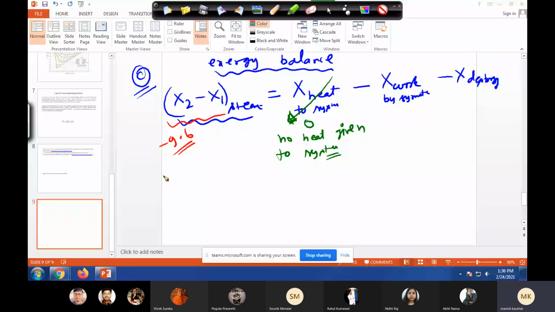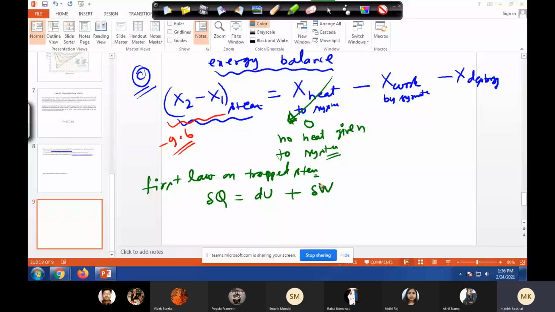So if you apply the first law on the trapped steam, dou Q equals dU plus delta W. This is our energy balance, right?